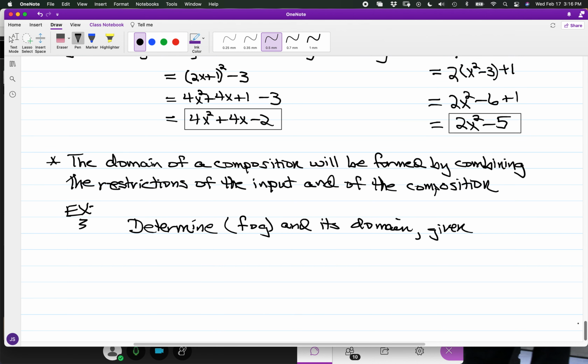Let's say we have 1 over x minus 2 for f of x, and g of x we'll say is equal to x minus 3.